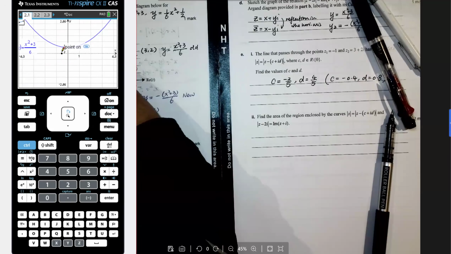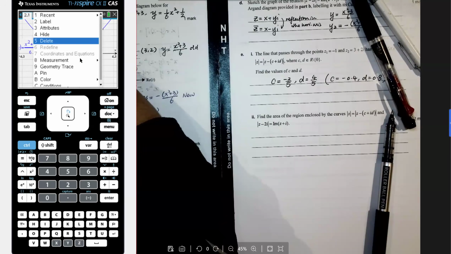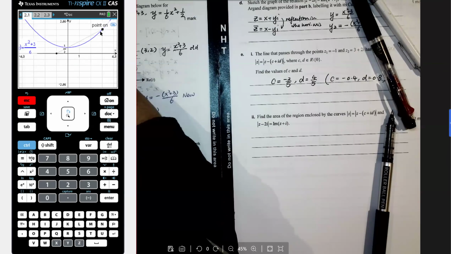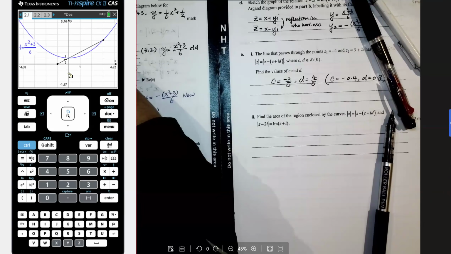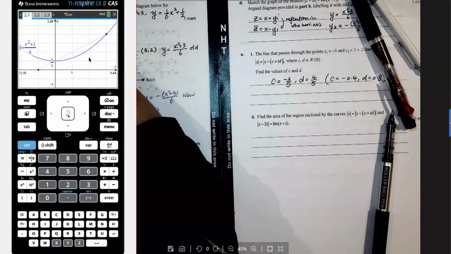A segment, minus 1, 0, and 3, 2i. It's this location here. So I can right-click this one, and couldn't get that, but at least I know what's happening. Area or region enclosed by these two.